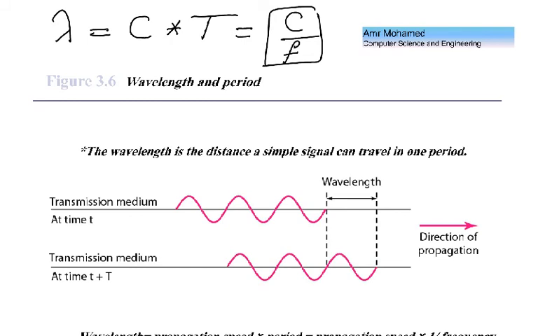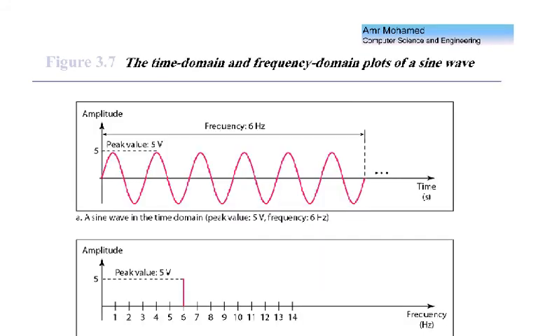Distance. So we can use meter, millimeter, something like that. It's a distance, and it's measured using a meter. Okay? So any confusion? So this is the wavelength.